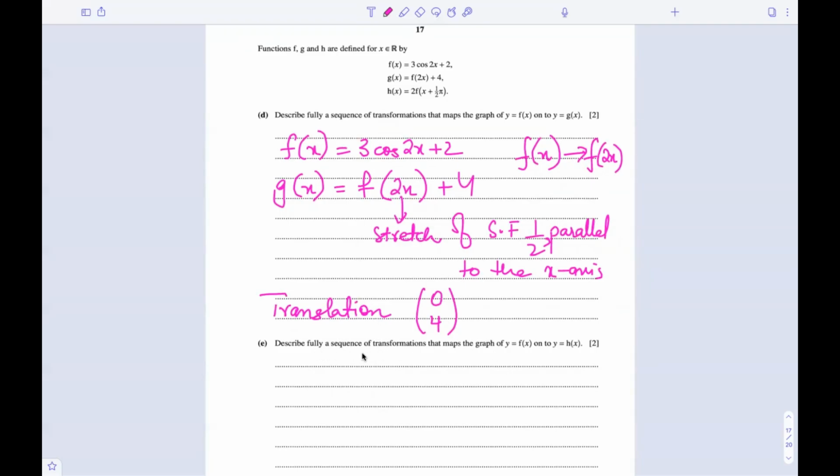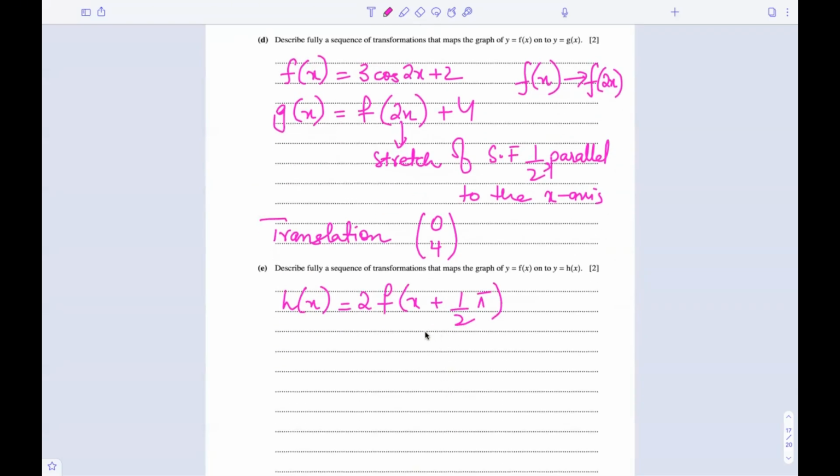Now in the last part, we have to describe a sequence of transformations that map y is equal to f of x onto y is equal to h of x. So comparing this, we can see that h of x is 2 times f of x plus half pi. Now, when it is x plus half pi, it is a translation in the x direction. So this will be a translation of negative half pi in the x direction and 0 units in the y direction.